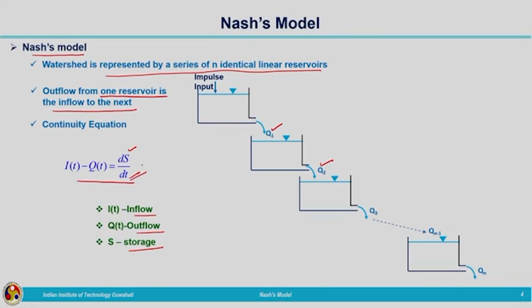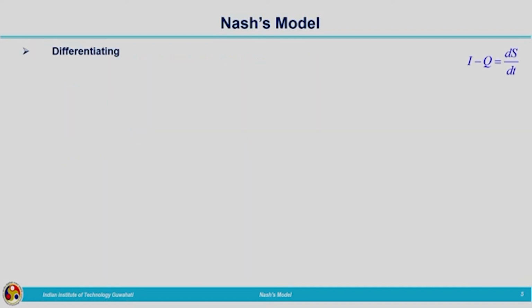We know the storage function S, that is given by KQ, K multiplied by the outflow. So, here we have the term corresponding to dS/dt. Now, we will differentiate the expression for S. When we differentiate S equal to KQ(t), we get dS/dt is equal to K dQ/dt. After this, we will substitute this dS/dt in our continuity equation.